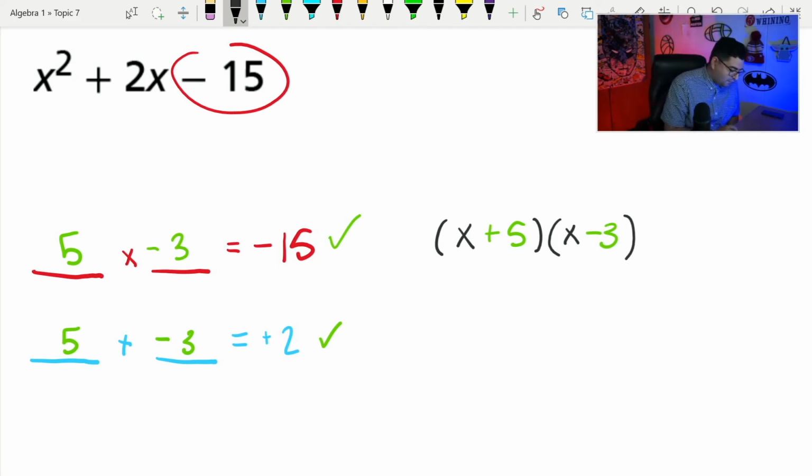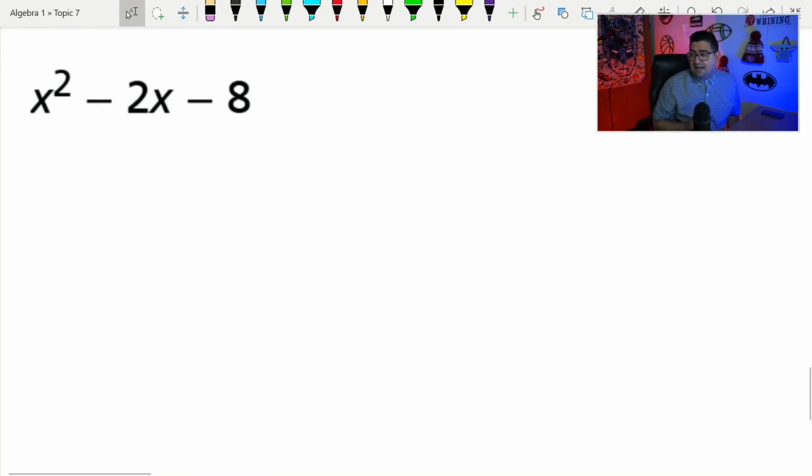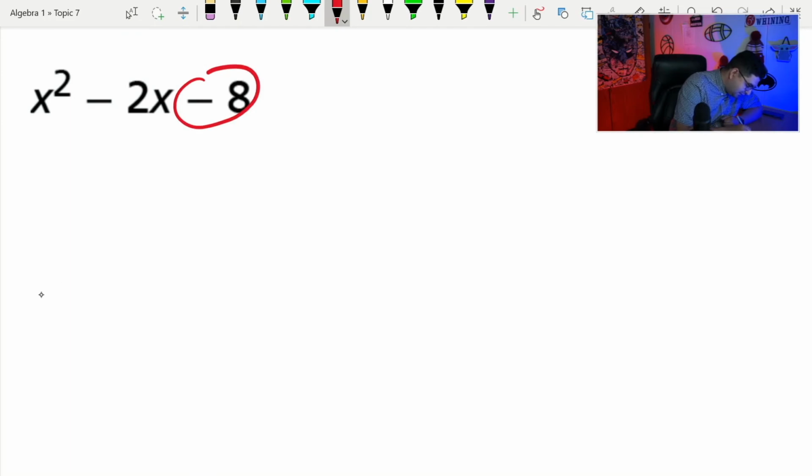Let's go ahead and look at one more example. For this last example, you're going to see that I actually have two negative signs here. So x squared minus 2x minus 8. Let's try to think of what two numbers can get me a negative 8 when I multiply them.